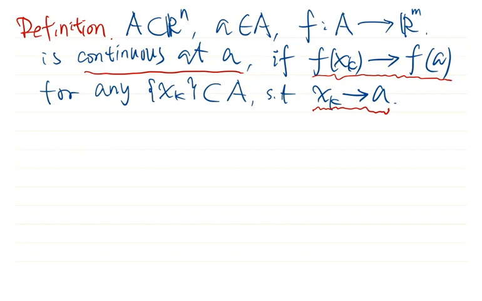So this definition simply means that once the independent variable of the function f is closer to the point a, the corresponding dependent variable, which is f(x_k), is also very close to the corresponding value f(a), right? So this is the continuity of this function at this point a.